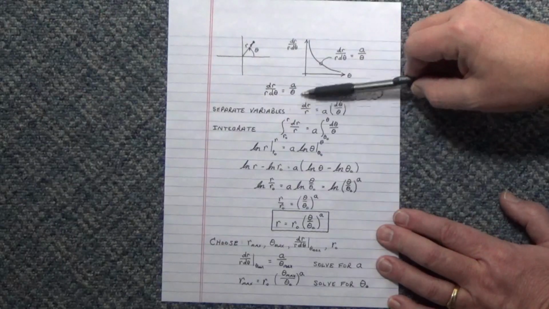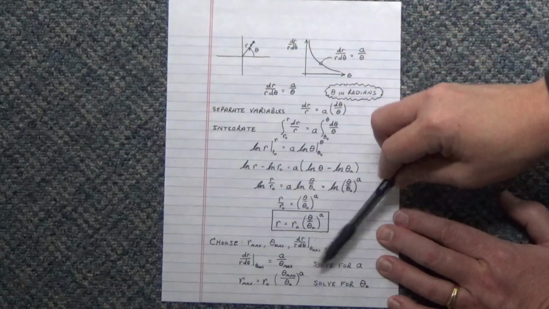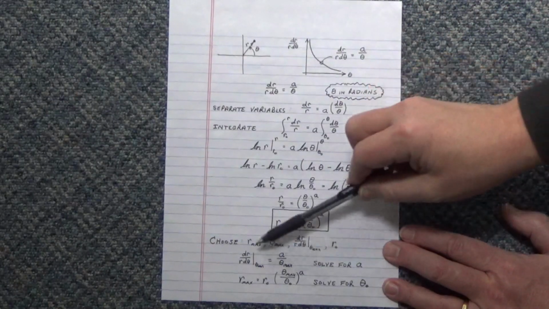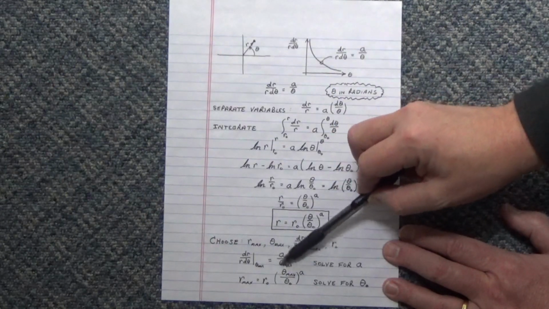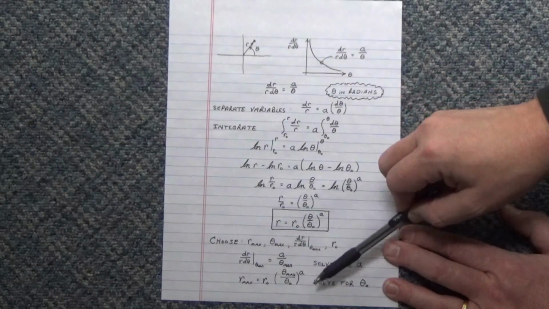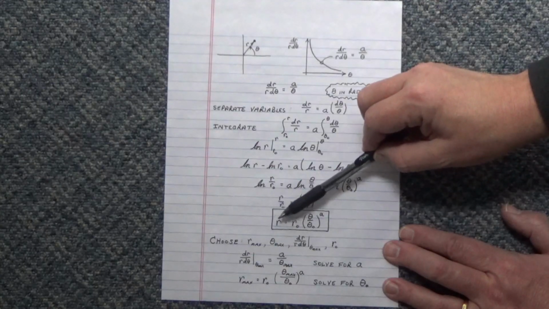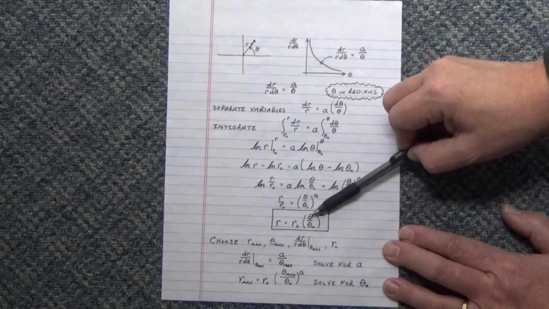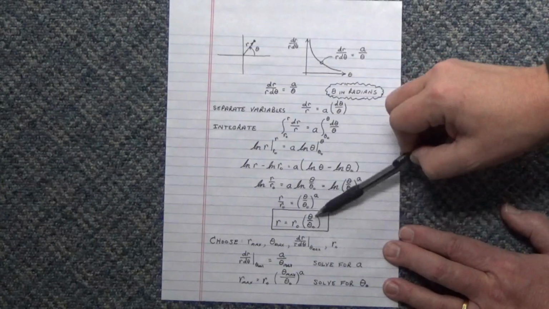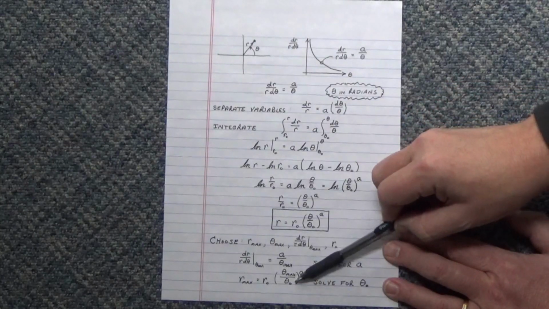So we can take this expression up at the top here, take our slope, multiply by theta, and we've got our a. So we can solve for a, using the slope at our theta max equal to a over theta max. And then to find theta naught, we can plug in our maximum radius and the initial radius that we've chosen, and we've got theta max, and we've got a now, so we can solve for theta naught.